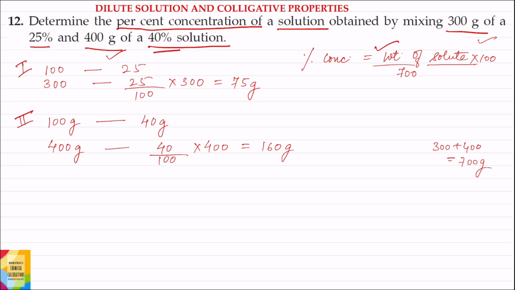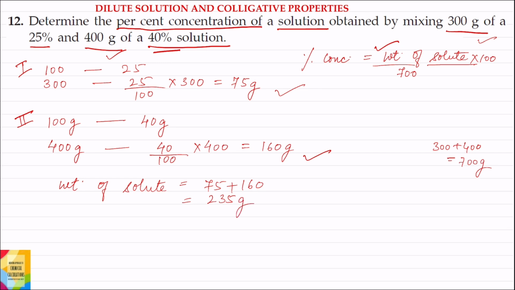Let this be solution number 1 and this solution number 2. Now weight of solute in solution 1 is 75 gram and weight of solute in solution 2 is 160 gram. Now when these two solutions are mixed, the total weight of solute is equal to 75 plus 160, and this is equal to 235 gram.